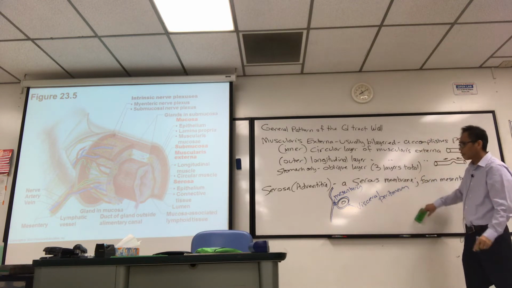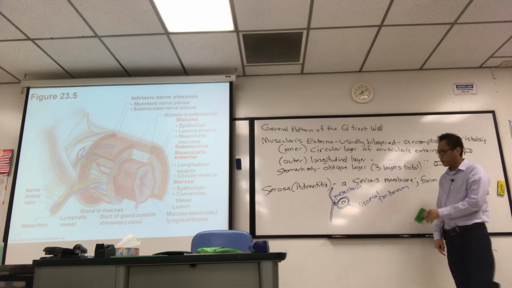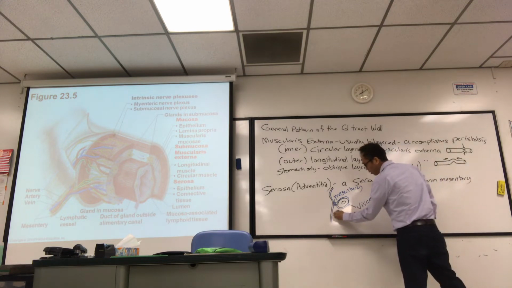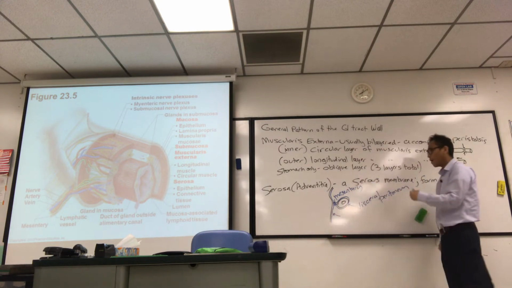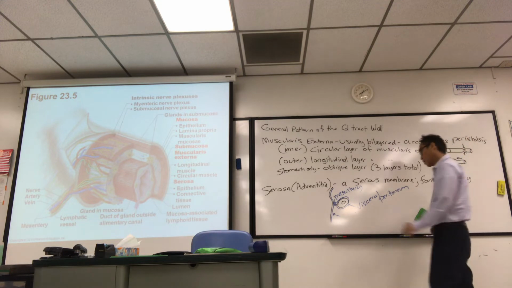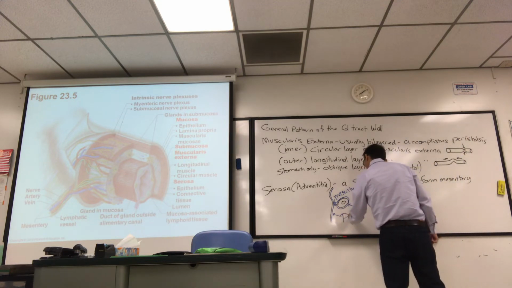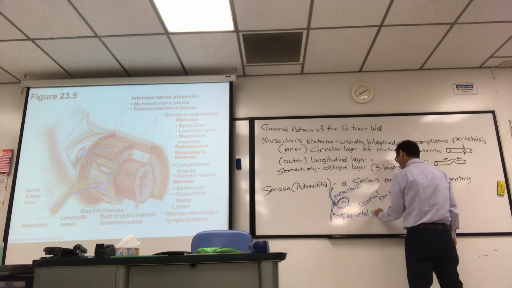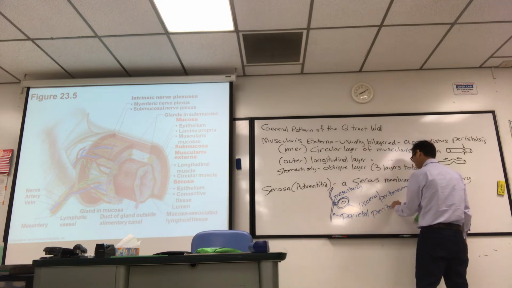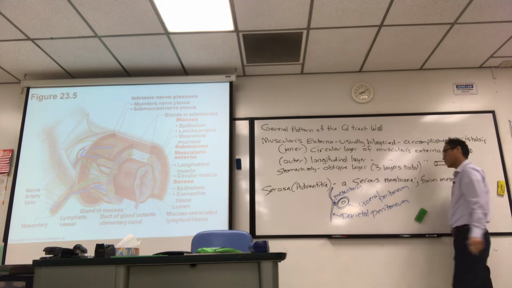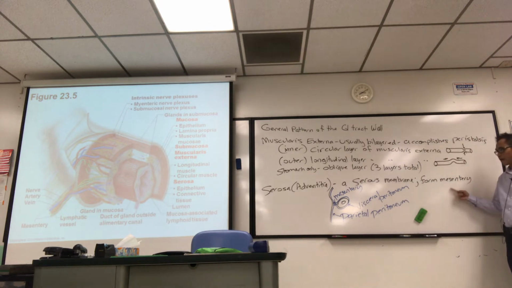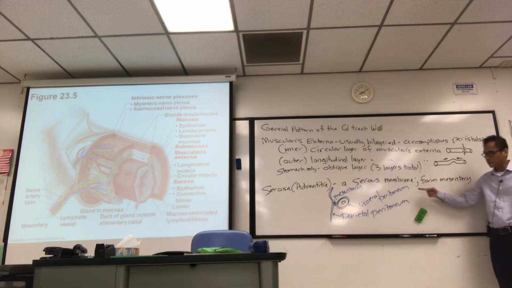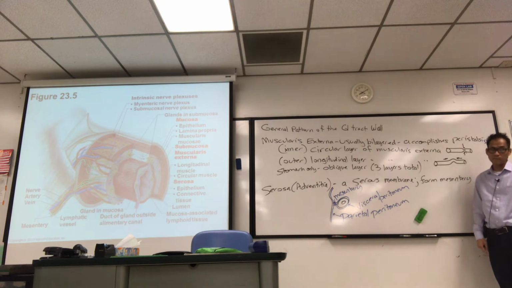This serosa that lines the body cavity, say for example the back body wall, is called the parietal peritoneum. So the serosa that I just defined is essentially also the visceral peritoneum, one and the same.